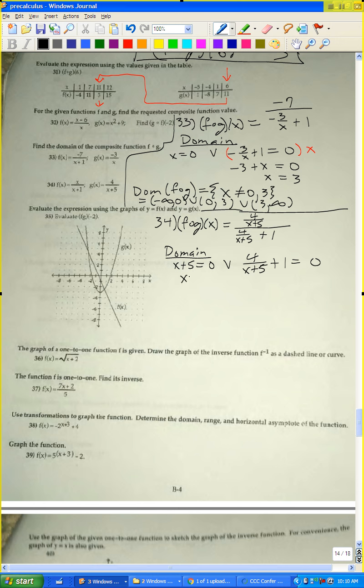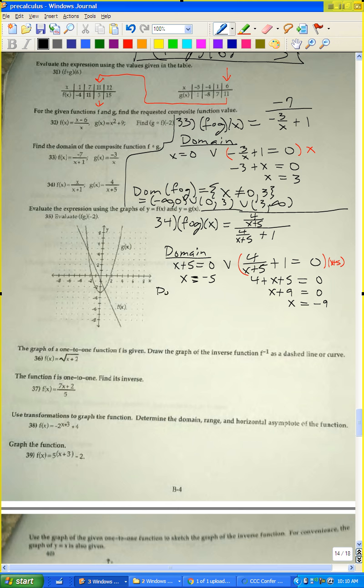So x equal negative 5, or multiplying both sides of my equation by x plus 5, I get 4 plus x plus 5 is 0, so x is negative 9.